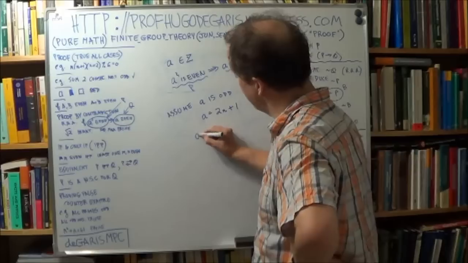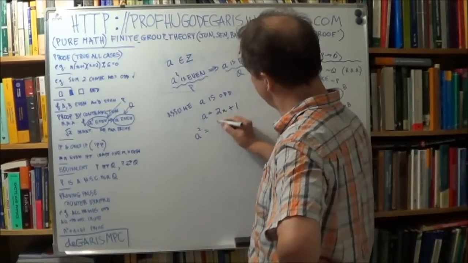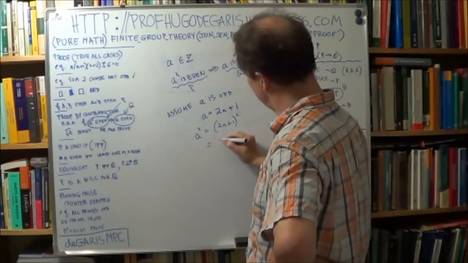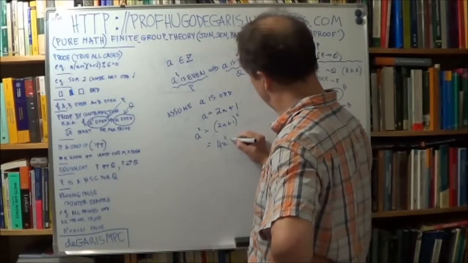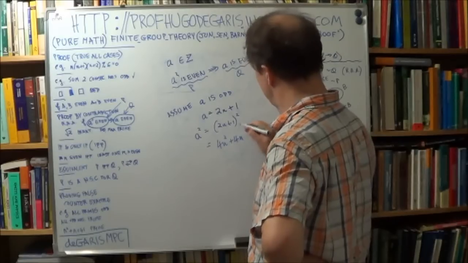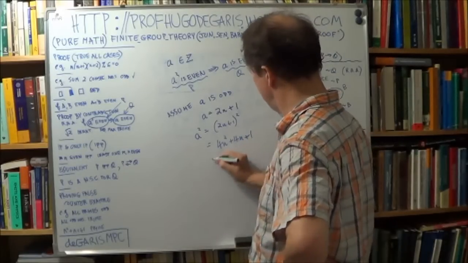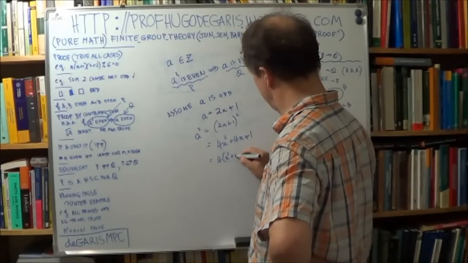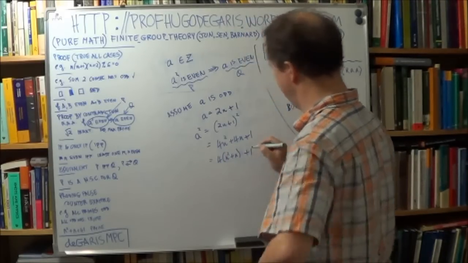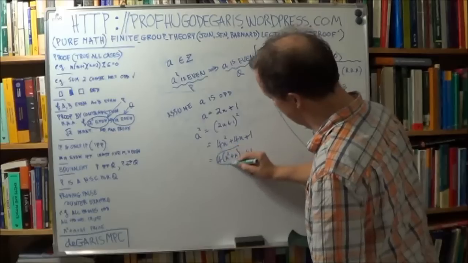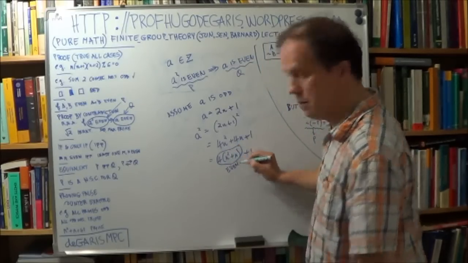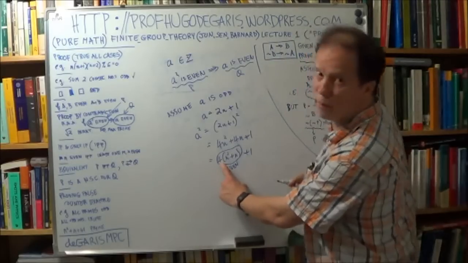Now, if you square that, 2n plus 1 squared, that will give you 4n squared plus 4n plus 1. Okay, so that's 4 into n squared plus n, plus 1. Now this, you can see, is an even number, because this is an even number.